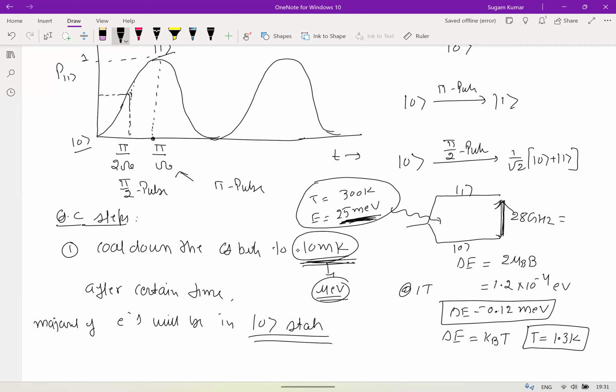Are you convinced with this statement? You don't need to do anything. This is what is called initialization.